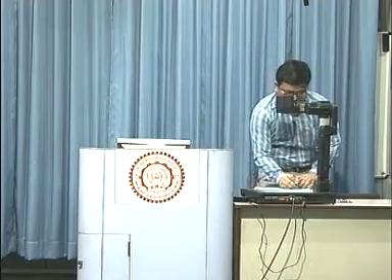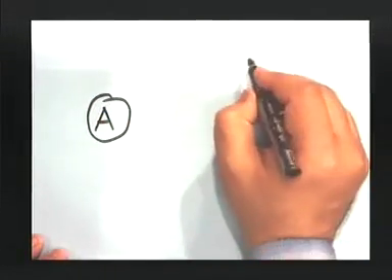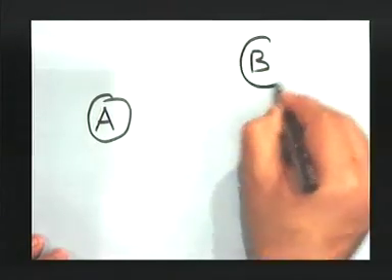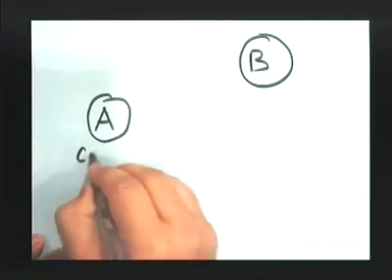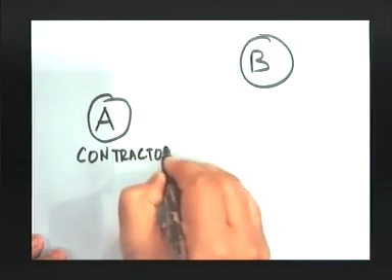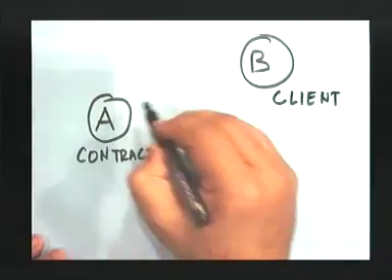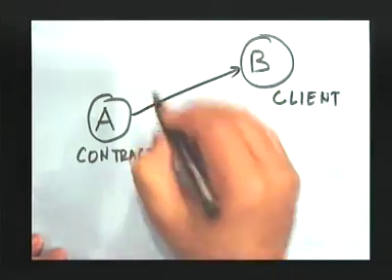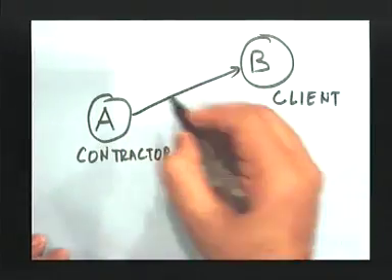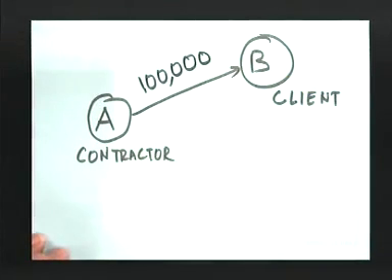So, let us say I am the contractor A and I am working for client B. This is the contractor and the client is B. Now, A is working for B, and let us say for month 1, contractor A has raised a bill of 100,000.